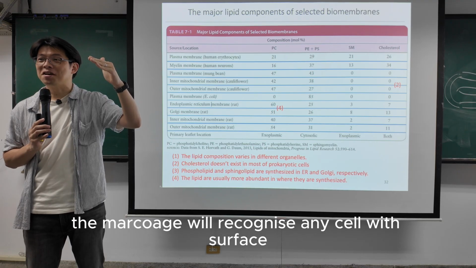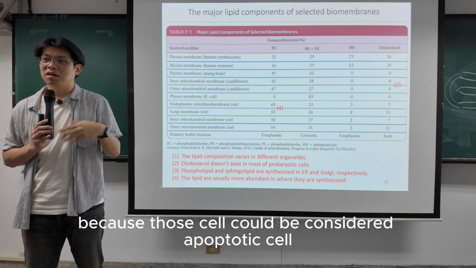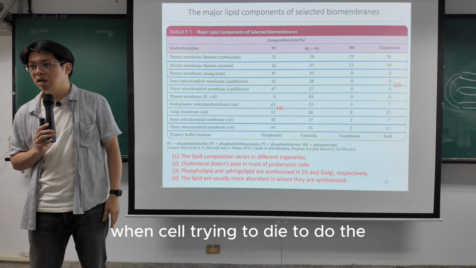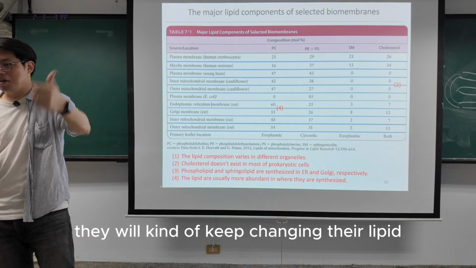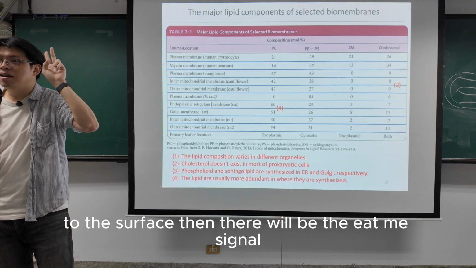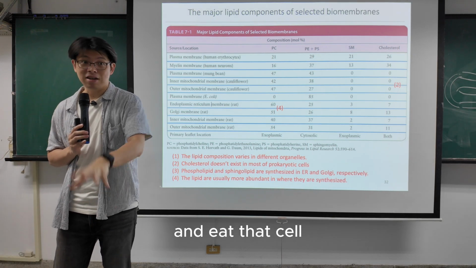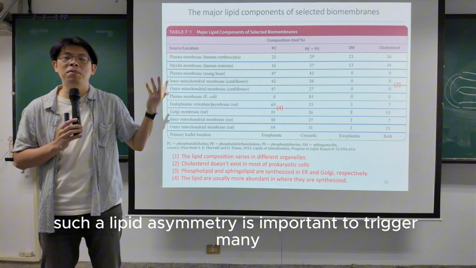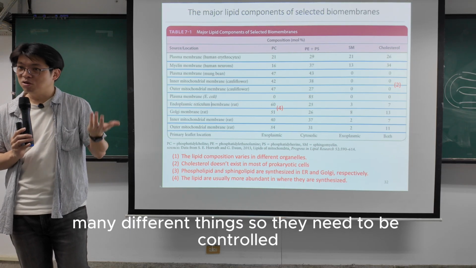The macrophage will recognize any cell with surface phosphatidylserine and eat it, because those cells could be considered apoptotic. When a cell is trying to die through programmed cell death, it keeps changing its lipid, and a lot of phosphatidylserine will move to the surface. Then there will be the eat-me signal, so the macrophage will see the phosphatidylserine and eat that cell. So you cannot do that. Such lipid asymmetry is important to trigger many different things, so it needs to be controlled.